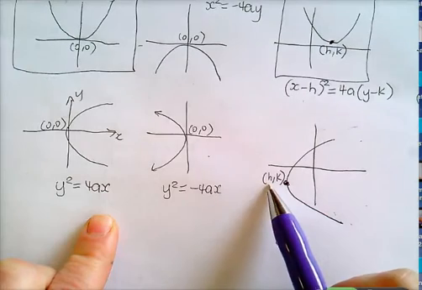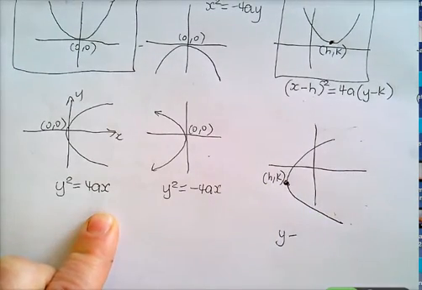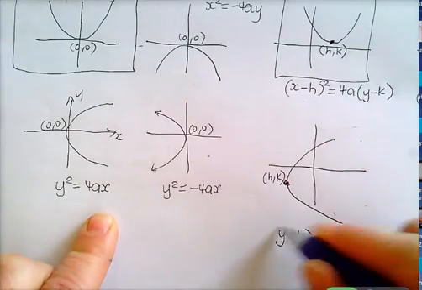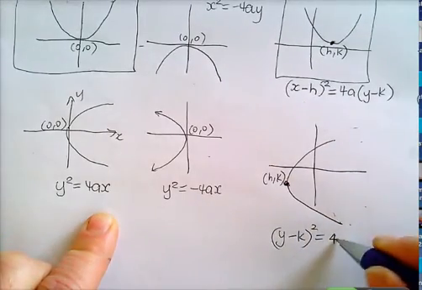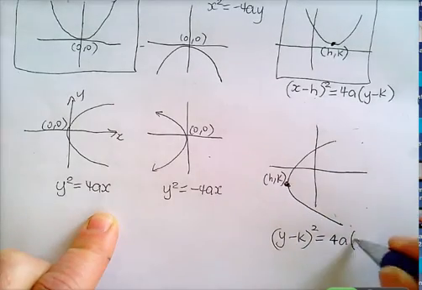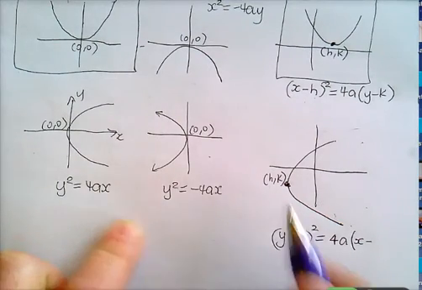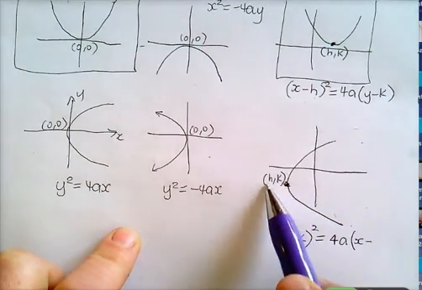This vertex is H, K, so the k goes with the y value. So (y minus k) squared equals 4a(x minus h), because you know it's the y squared equals 4ax type, but you're just putting the h and the k with the x and the y. Do you understand why it's y minus k? Because look: x, y.